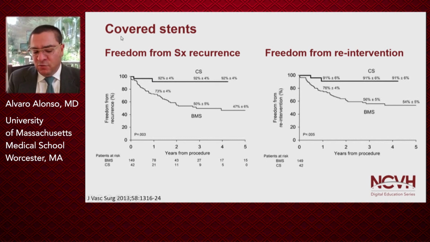Covered stents have recently been shown to have lower rates of restenosis. This is actually a large retrospective series, including Mayo and I believe Arkansas patients. They put their databases together, and patients who underwent covered stent for the SMA had a much greater freedom from recurrence as compared to open cell bare metal stents, and the freedom from reintervention was approximately 90% with covered stents versus 54% in patients with bare metal stents.